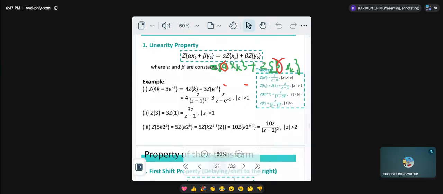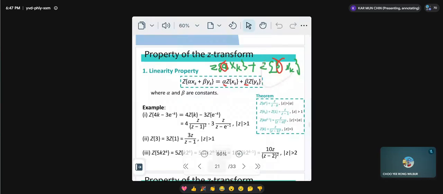So the first one, Z transform of 4k minus 3 exponential to the power of negative k. In this case, it can be written as two terms: the first term is Z transform of 4k, minus Z transform of 3 exponential to the power of negative k.